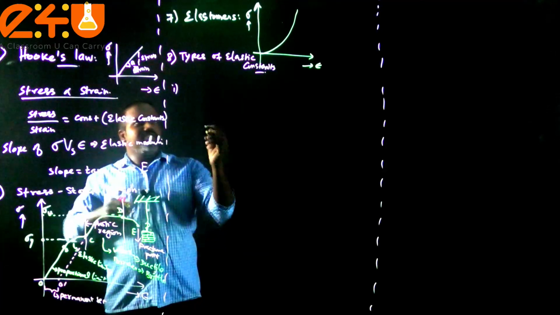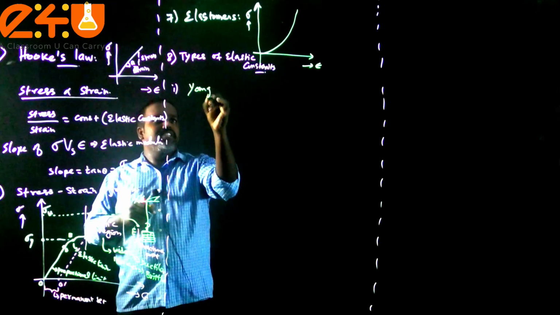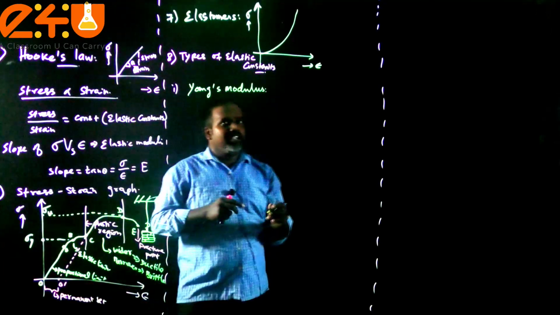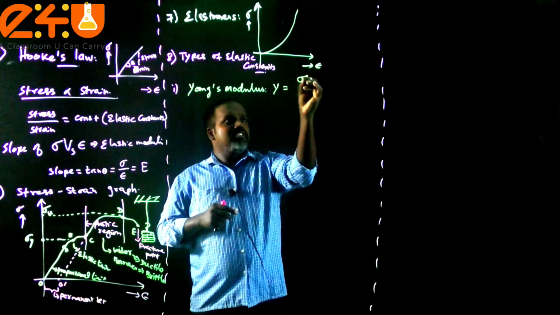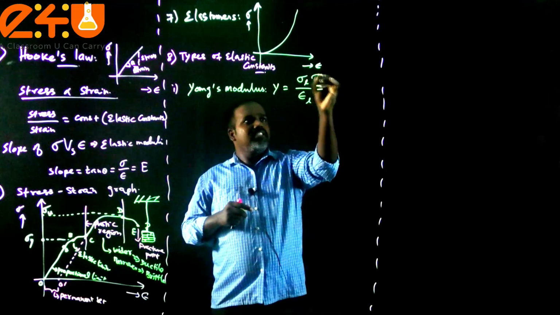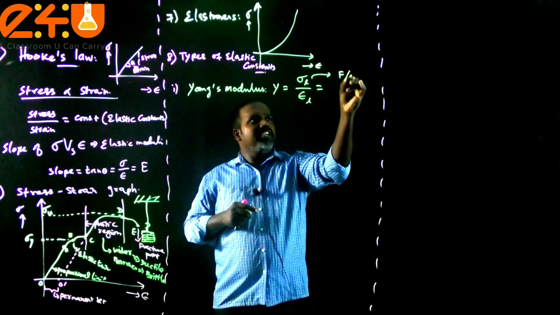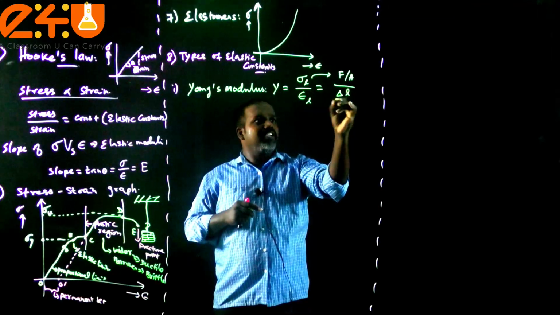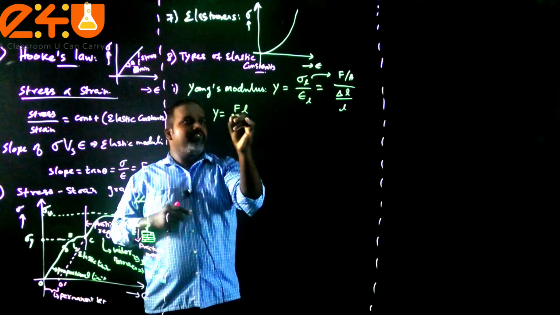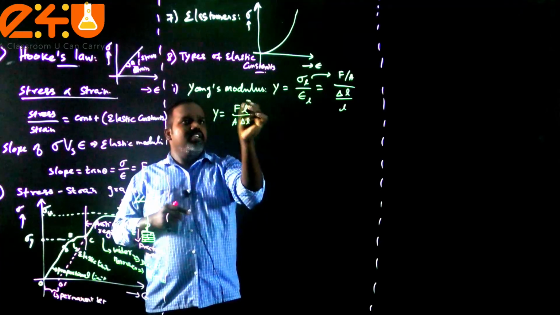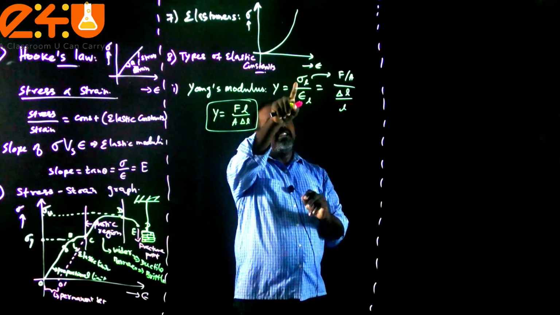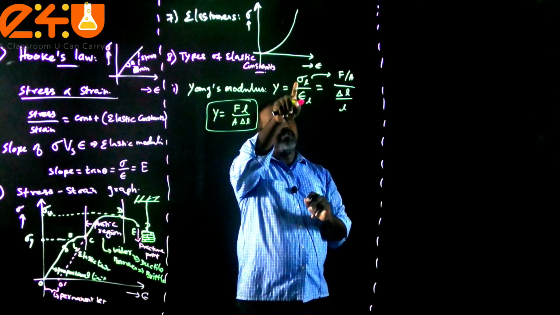The first and very important one is Young's modulus, which is related to a one-dimensional property. Y is equal to longitudinal stress divided by longitudinal strain. Stress is force by area, and strain is delta L by L. Rearranging, Y is equal to FL divided by A delta L. We already said strain has no unit, so the unit is Newton per meter square or Pascal.